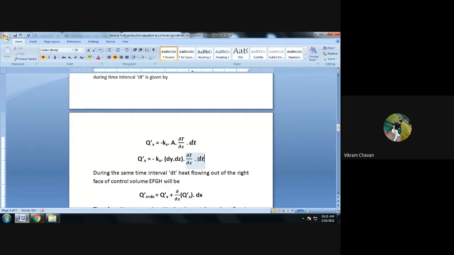So this is the amount of heat entering during the time interval dt inside the element in x direction from the face ABCD.